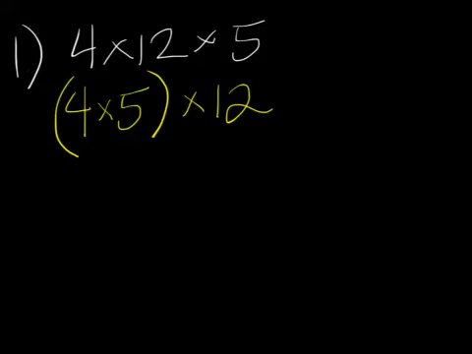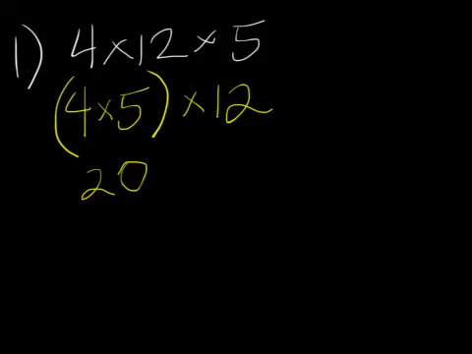So here, I've used the commutative property by switching the places of 12 and 5. And I've also used the associative property to show that I'm going to group these together and do this first. Parentheses mean do this first. So let's do that. 4 times 5 would be 20, a nice friendly number.